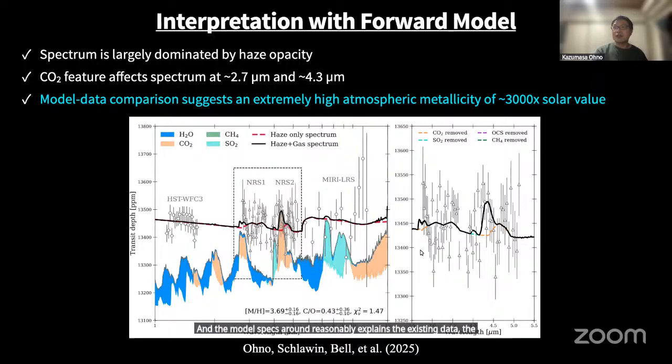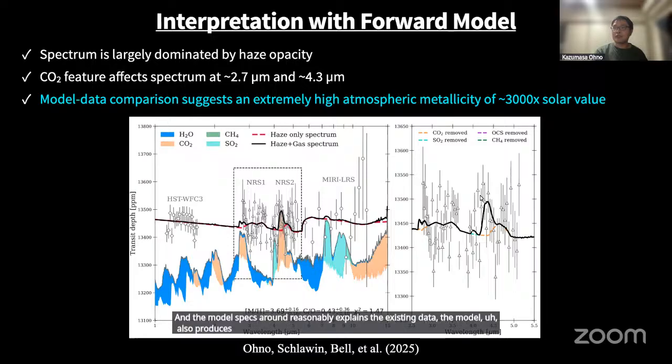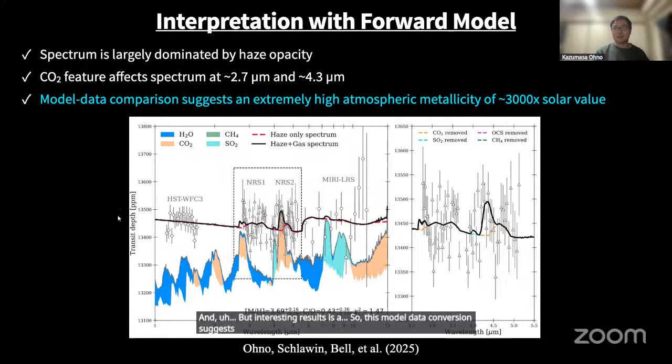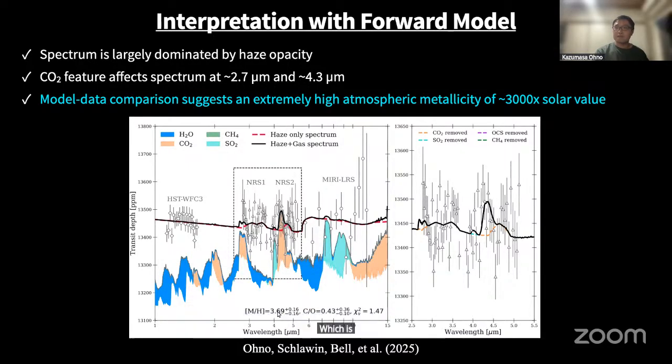The model also produces a CO2 feature around 4.3 micron, and in the HST region the spectrum is almost flat, and the flatness of the MIRI spectrum is also seen in the theoretical model. One interesting result is that this model-data comparison suggests extremely high atmospheric metallicity, about 3,000 times higher than the solar value.